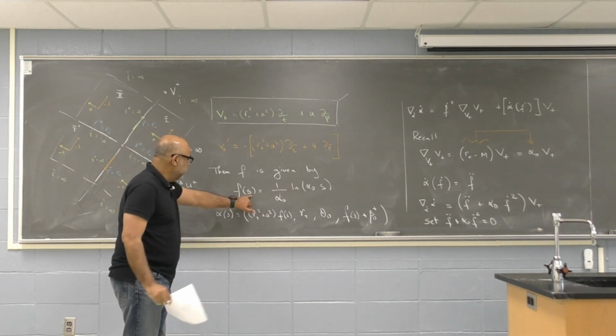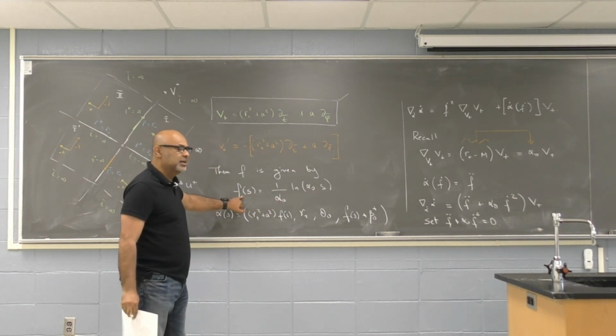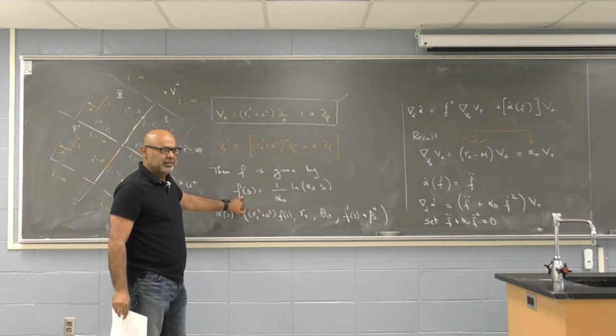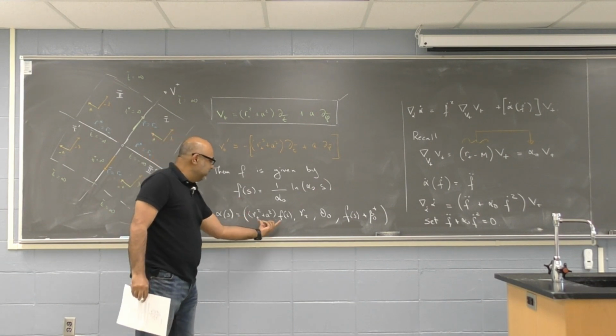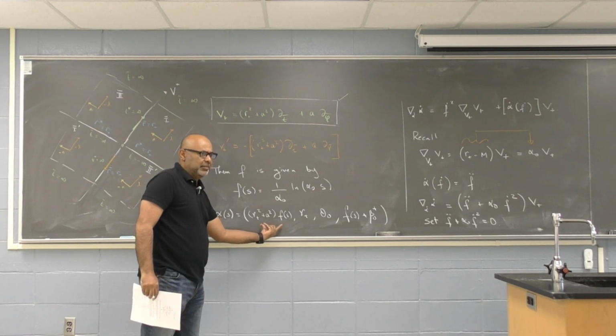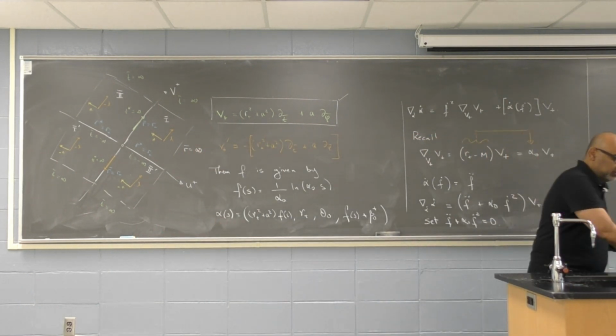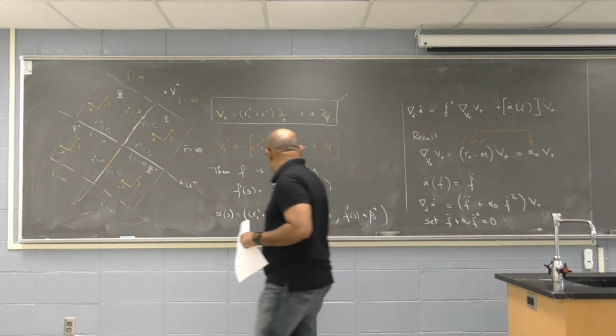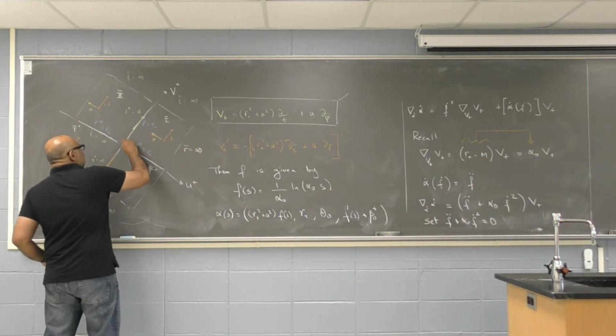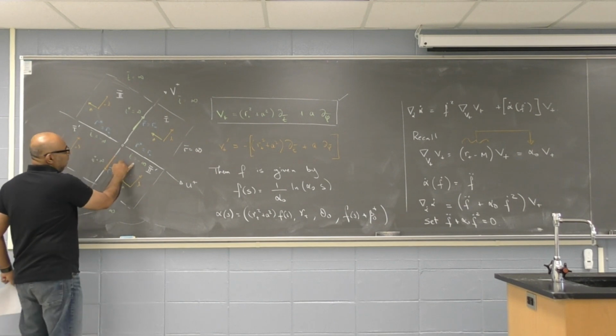Okay? As s goes to 0, f goes to minus infinity. Correct? Natural log of 0. Which means the t-bar coordinate is minus infinity. So this is a curve that starts at t-bar equals minus infinity.